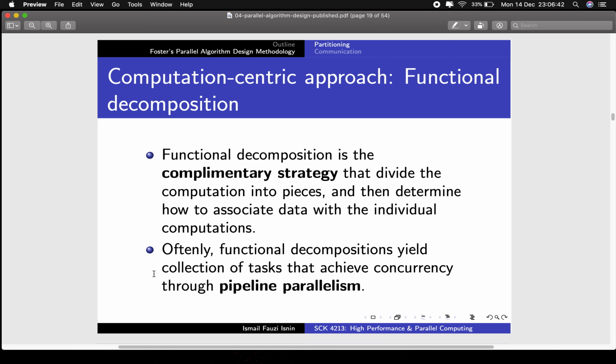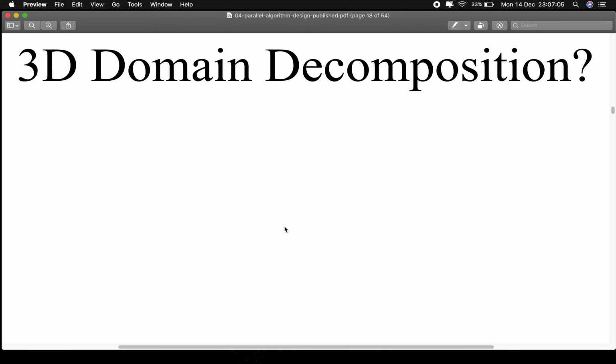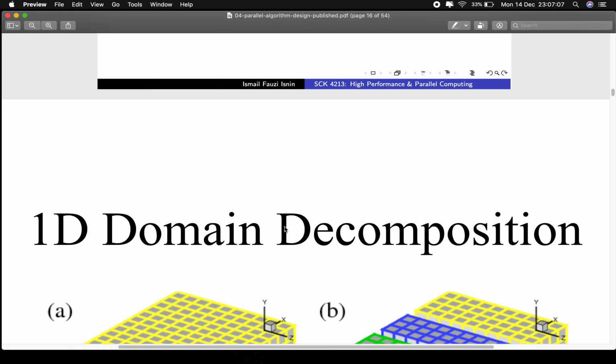Normally it uses functional decomposition on the collection of tasks that are achieved concurrently through pipeline parallelism. So there are 5 models, isn't it? So it is under the pipeline parallelism. You can check back your notes over here.